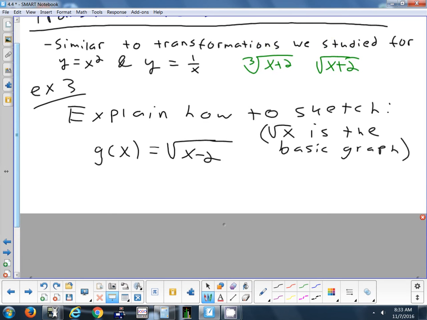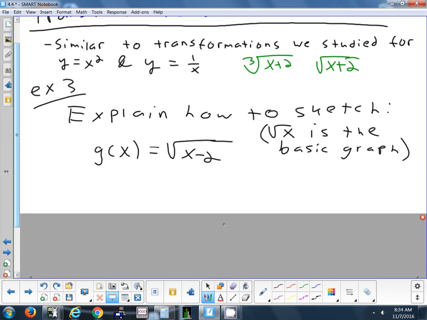All right, so how would you sketch g of x if you had the graph of square root of x? What would you have to do with the square root of x? Well, Josh? Shift it to the right 2 units. Yeah, we shifted to the right 2 units.